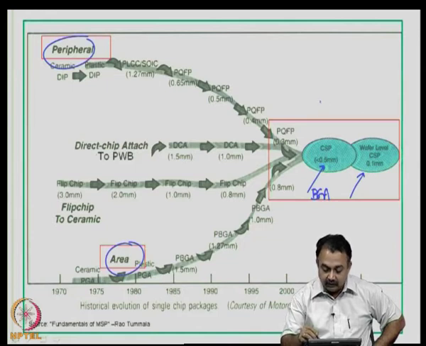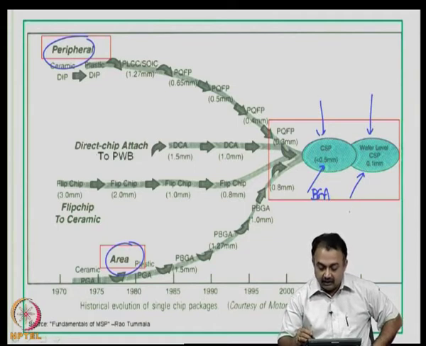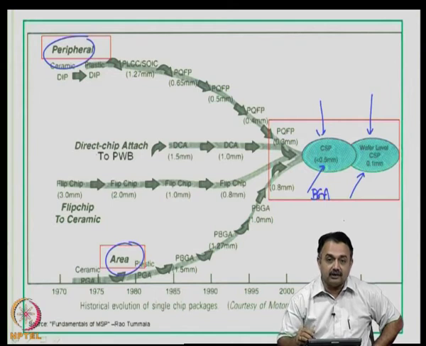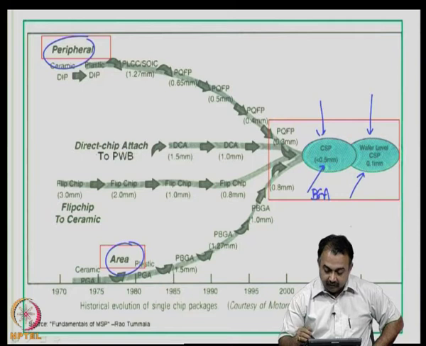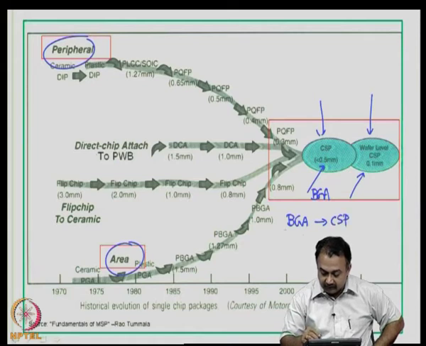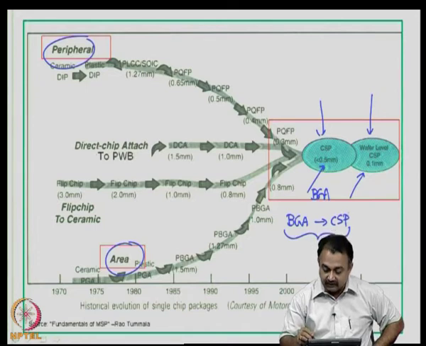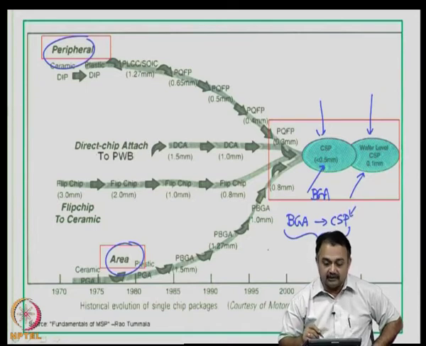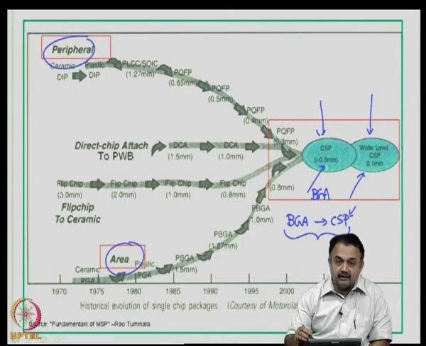As you know, the CSP methodology and wafer level CSP methodologies are slightly different. I will briefly explain conventional CSP and wafer level CSP shortly. But the basic difference between BGA and CSP that you have to know is that the package volume is much less in a CSP compared to a BGA. So, today we are in the era of CSPs.